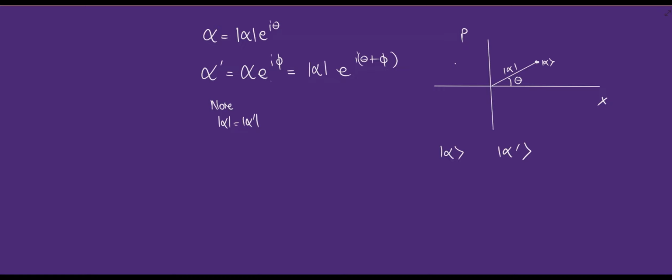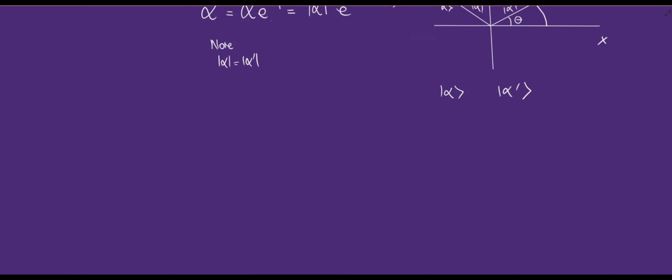And let's say that this is the alpha prime state, then this is mod of alpha, that is the distance from the origin, and this angle is theta plus phi.